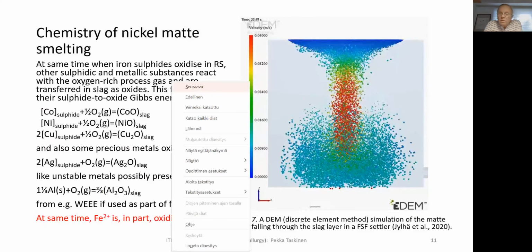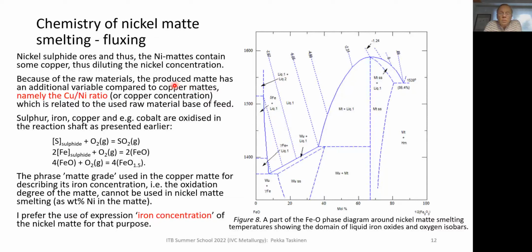So as in the case of copper matte smelting, the real art of smelting nickel matte is in the fluxing, in that operation where we try to keep, and we must keep, the fluidity of the slag at a suitable level.